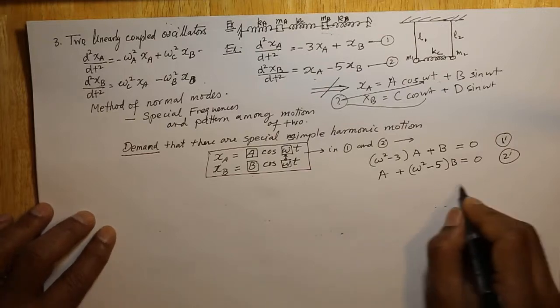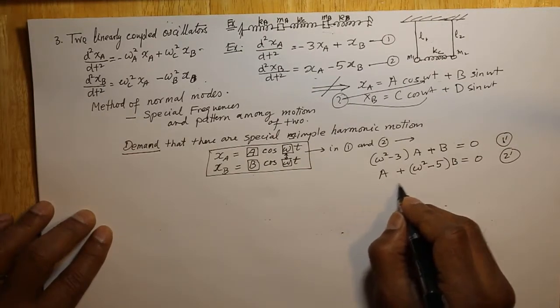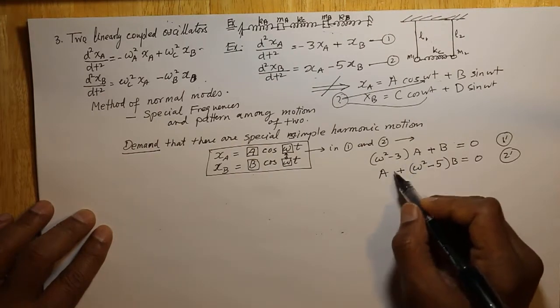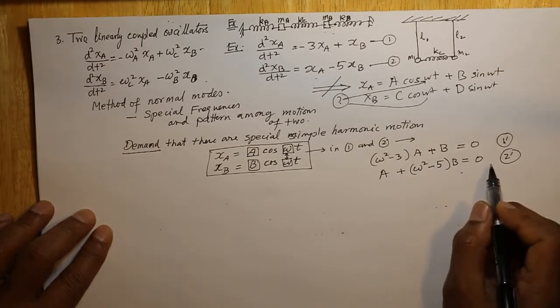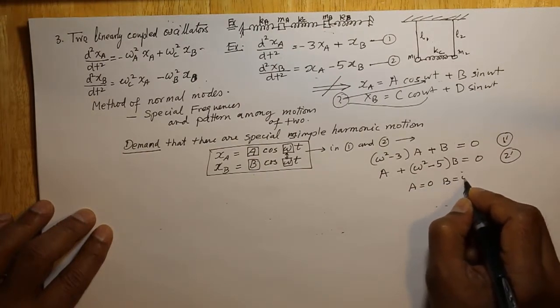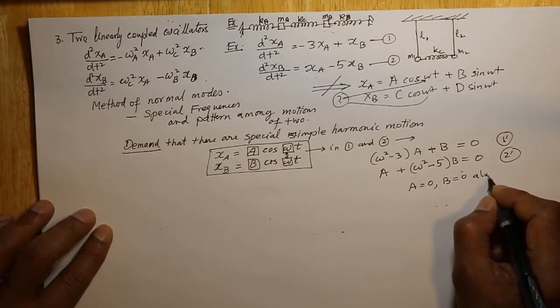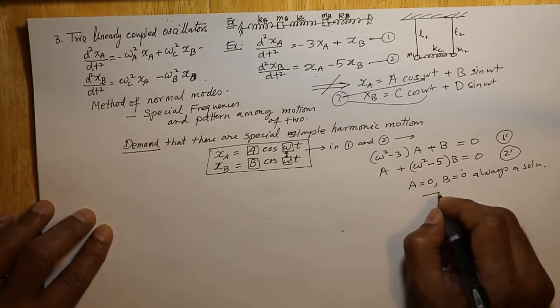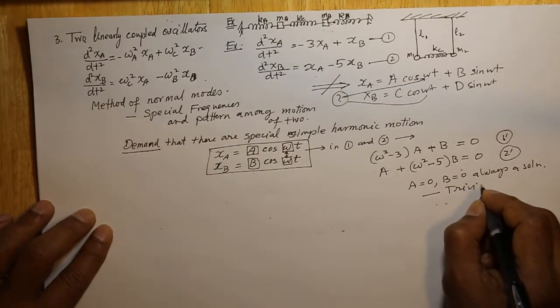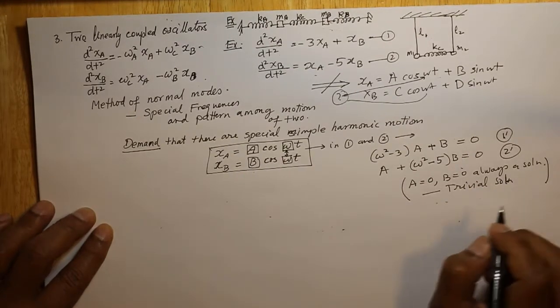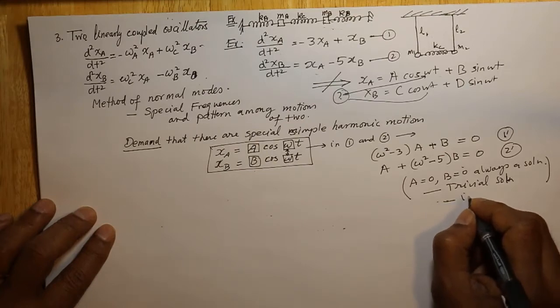As long as they satisfy these, how about A is 0? If A is 0, then of course B is 0, and this is fine. A equal to 0, B equal to 0 is always a solution. But this is called the trivial solution, right? And we ignore this.